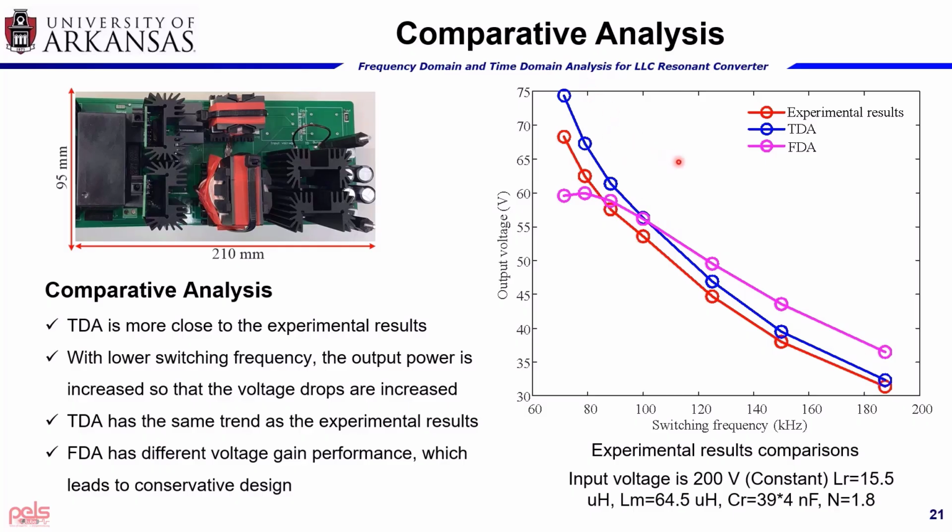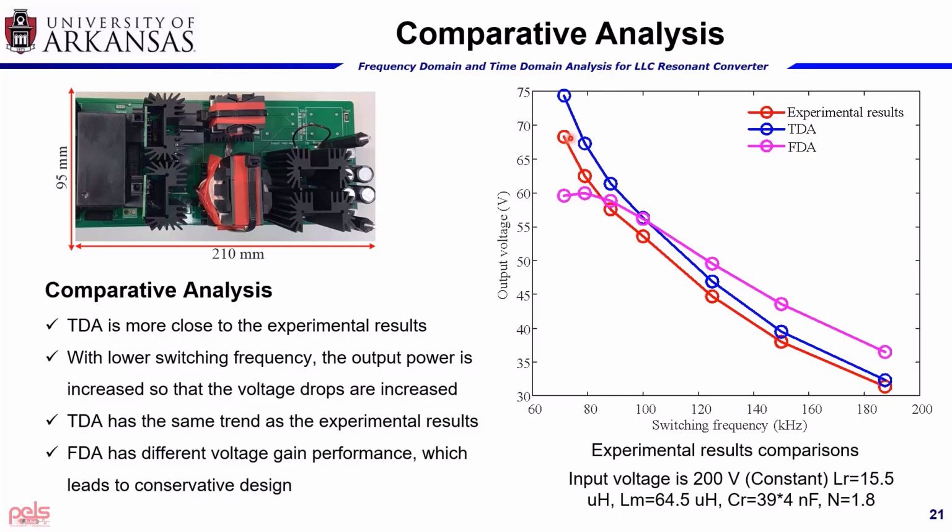On the other hand, the frequency domain analysis shows a totally different trend. As you can see, when the switching frequency is below 80 kHz, the output voltage starts decreasing, while for the time domain analysis and experimental results, they are still increasing.